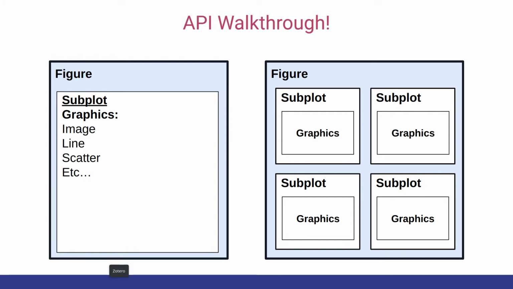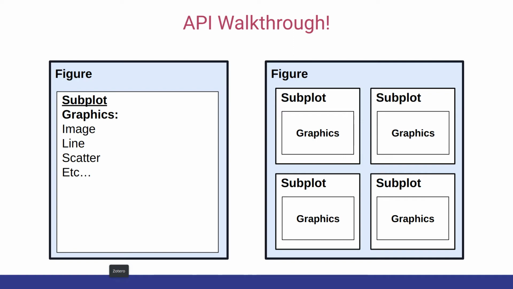Okay, so next I'm going to spend some time going through some demos, actually showing you how to use fastplotlib, just to give you an intuition of how the library is designed. You have a figure, and that can be two options. Option A on the left is that you only have one subplot in your figure, and you can add graphics to that figure.